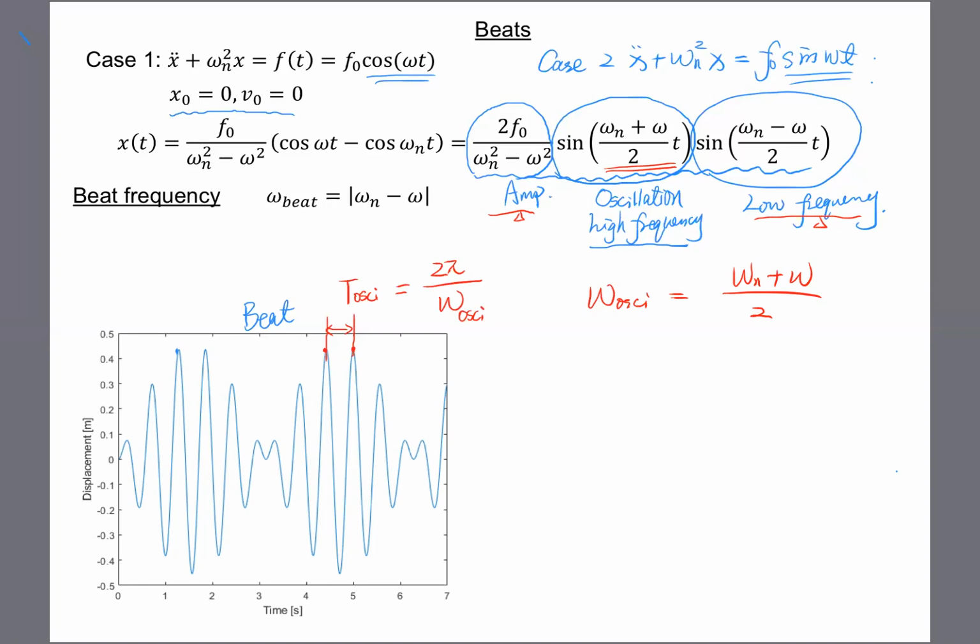If you go to this plot and connect all these peaks, this green line is the low frequency component. From there, we know that this low frequency component has an amplitude. That's our amplitude, which means the peak of this dashed line is actually the coefficient here.